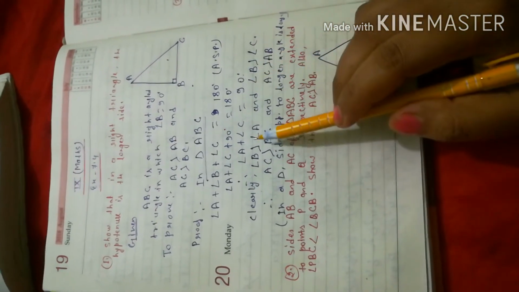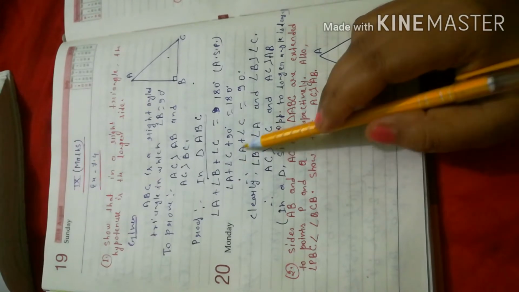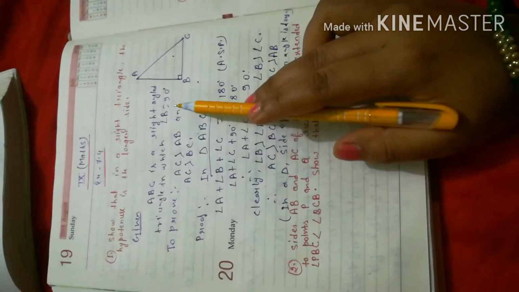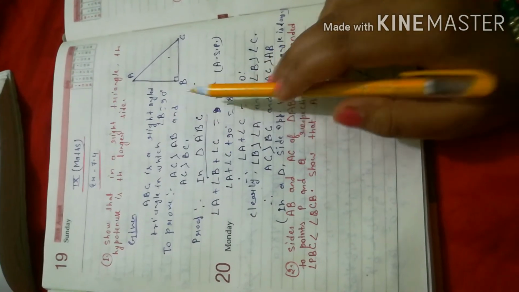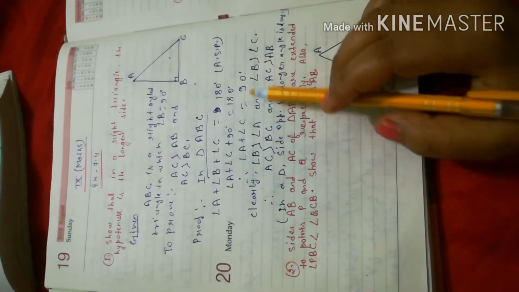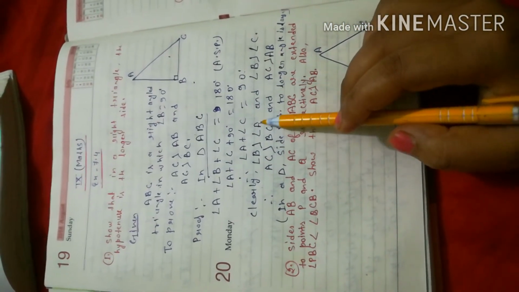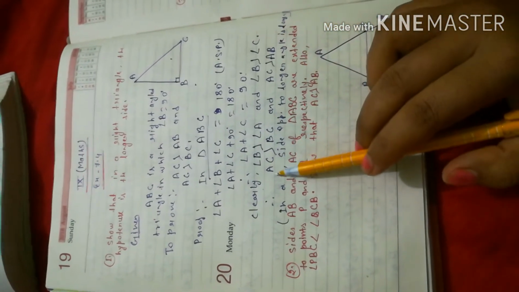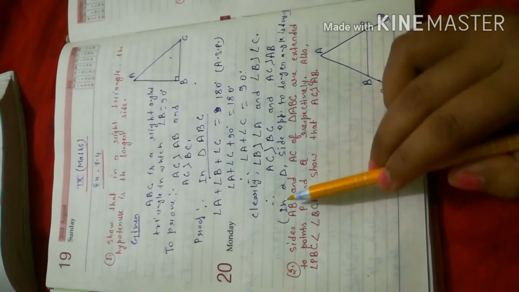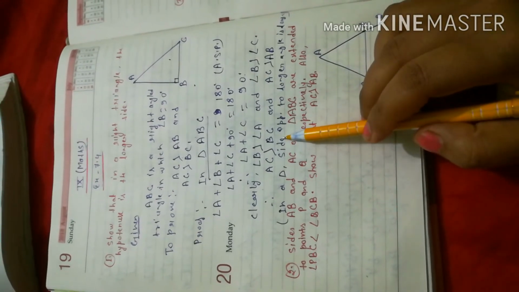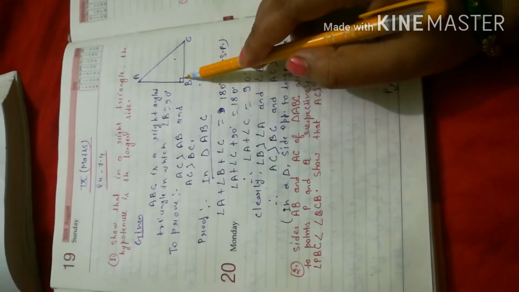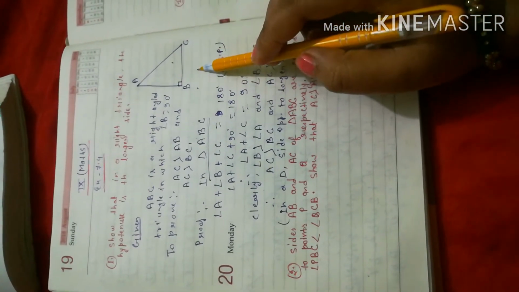Why? Because the sum of these two angles is equal to 90 degree, but the measure of angle B is also 90 degree. So angle B will be greater than angle A and angle C also. So in the triangle, all of you know the theorem, the side opposite to the larger angle is longer.